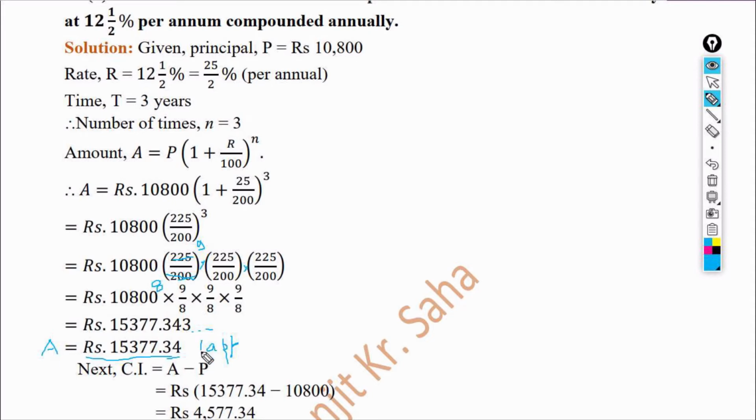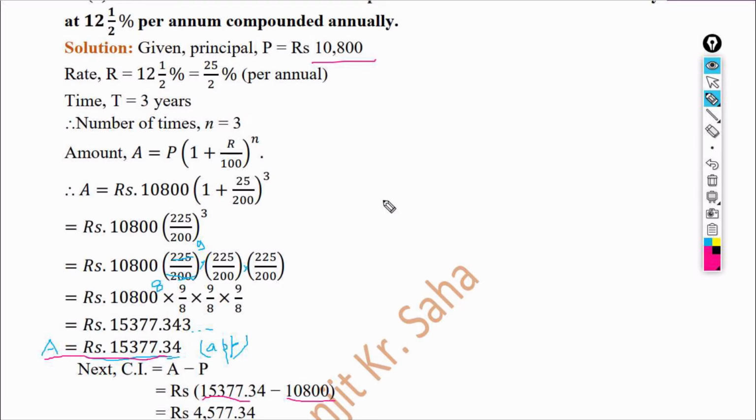Then just calculate compound interest. For compound interest, you are familiar with the formula: amount minus principal. Here amount equals 15,377.34, and principal is given here 10,800.